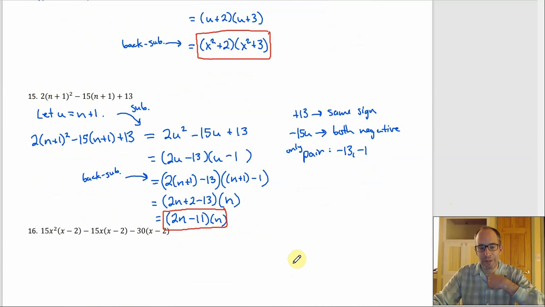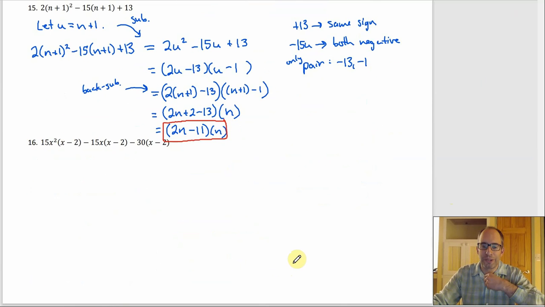All right, last one. This last one here is sort of a gag. It looks way worse than it is, and I guess that's part of the point. This is another one where I get to harp on factor out the greatest common factor, because these 3 products here, they each have an x minus 2 in them, so we could actually factor that out.